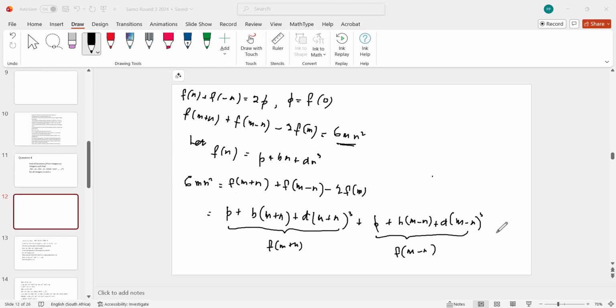I've got minus 2 fm, so it's minus 2. fm is, I'm sorry, p plus bm plus dm cubed. Now this is quite a long thing here. Now let me try to simplify this.